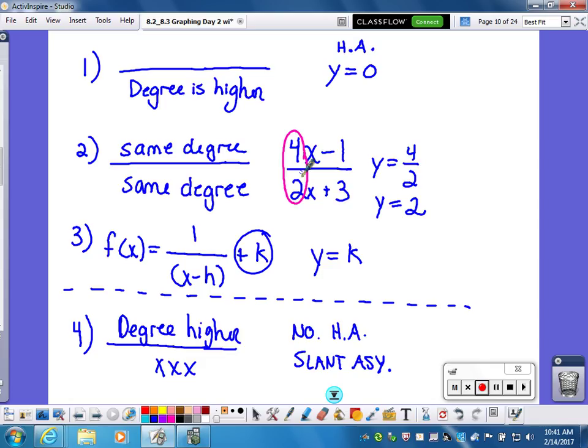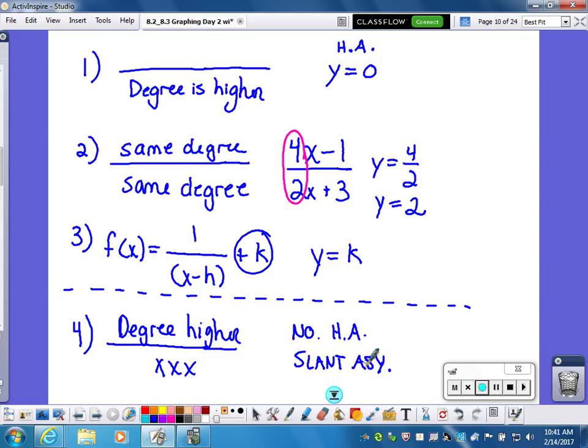Situation number 3, the rational function is written in standard form, so you have your x minus h plus k. The horizontal asymptote will be what your k value is. Fourth situation that we did not touch in day 1 graphing is what happens when the degree is higher on top. Well, there is no horizontal asymptote. It's a slant asymptote. So there's actually a diagonal.